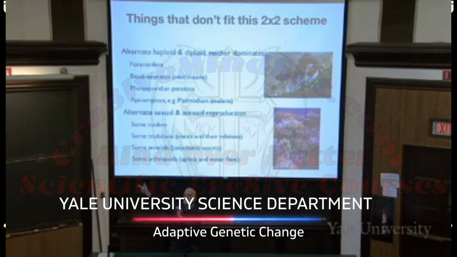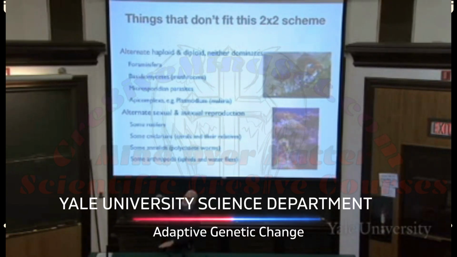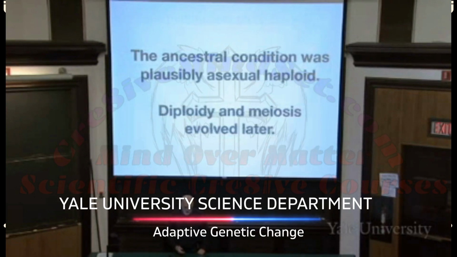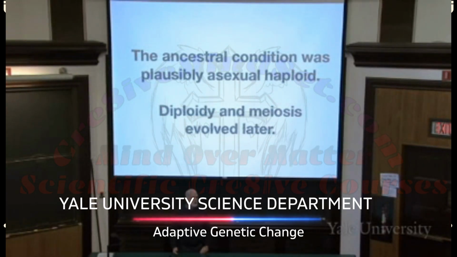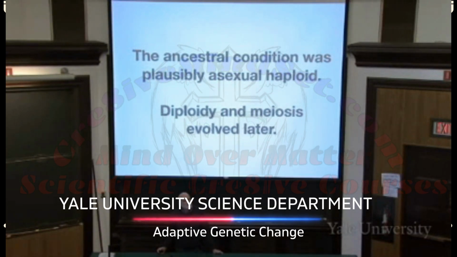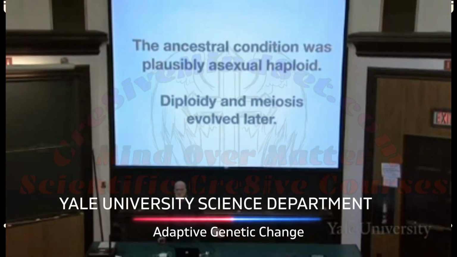It goes off and is a jellyfish and has sex and makes larvae and then goes down and turns into an asexual thing on the bottom that makes stacks of dinner plates. So there's a lot of variety out there. All of these things probably evolved from an asexual haploid. And we say that because we believe that the bacterial state was the ancestral condition.